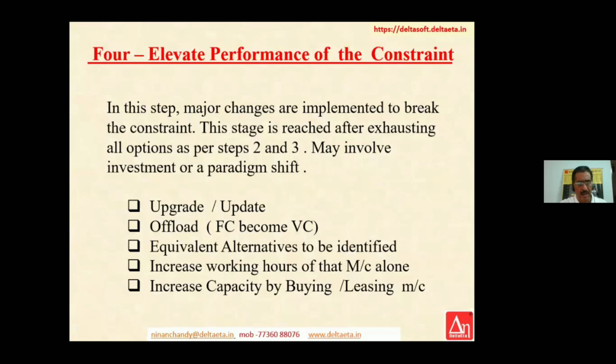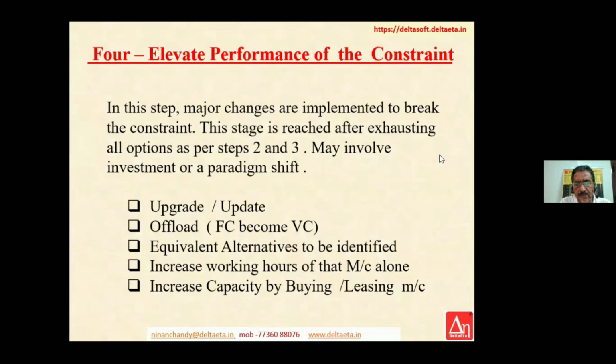Okay. So the fourth step, friends, in eliminating constraint is to elevate the performance of the constraint. We saw the first three steps: identifying the constraint, exploiting the constraint, which is step number 2, and step number 3, which is to make the upstream and downstream activities synchronize with the constraint so that you get the maximum out of the constraint.